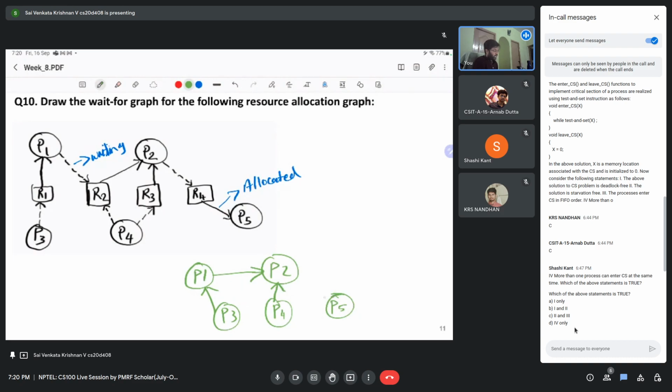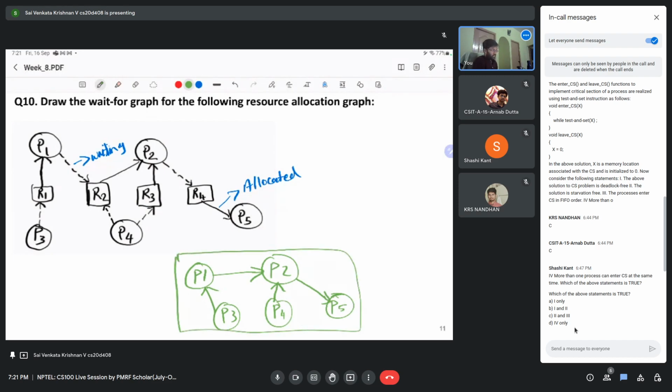And then finally for the R4 resource, R4 is allocated to P5, but P2 is waiting for R4. So P2 will get the resource R4 when P5 finishes execution and frees the resource R4, which P2 can use. So P2 waits for P5. So this is the wait for graph.